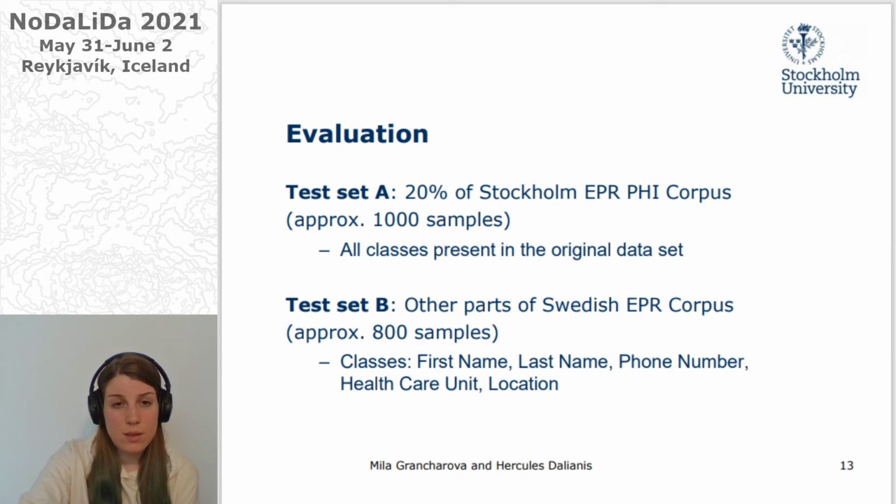In the second data set, the records have been annotated in a slightly different way, so we were only able to use 5 of the 9 PHI classes here. The purpose of having the second data set is to evaluate whether the models manage to generalize to a slightly different domain in the records.